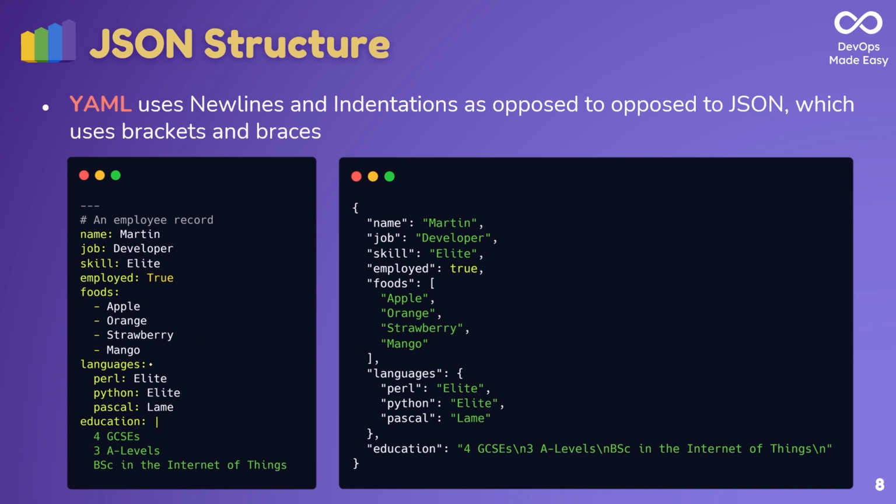And languages here is the key, and again this complete part becomes its value. If you see clearly over here, this complete part which we are saying is the value to this languages key, again it is a dictionary because it has a key and a value, key and a value, key and a value.